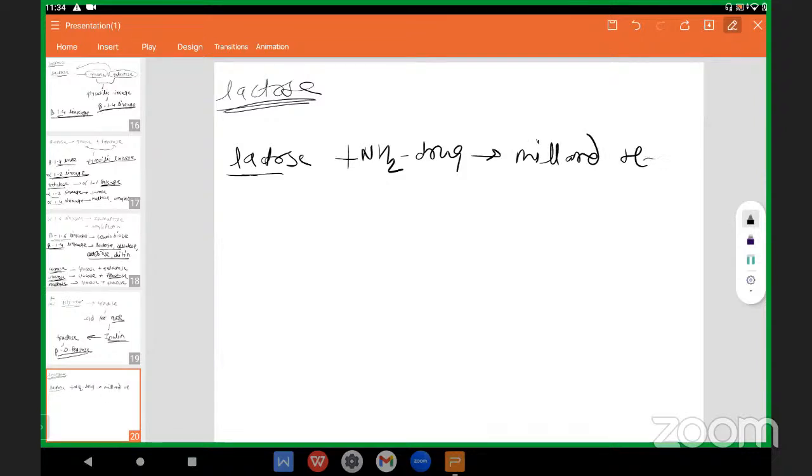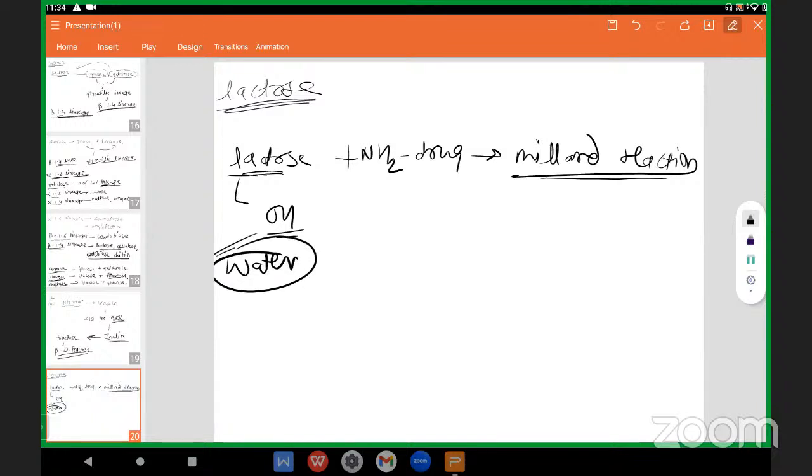What is this reaction now? What happens in this reaction? When you are using lactose, lactose is majorly OH functional groups, and it has free water, not inbound water.